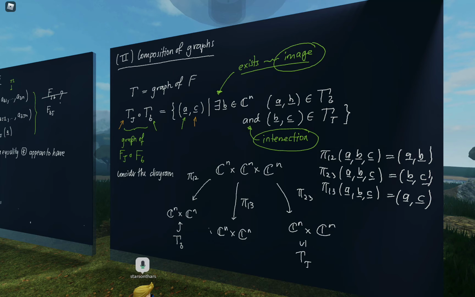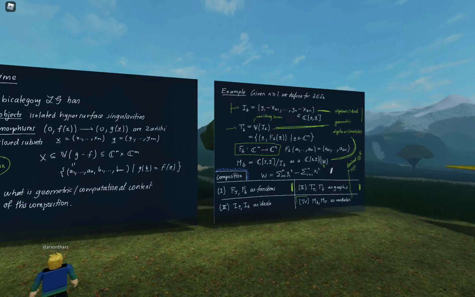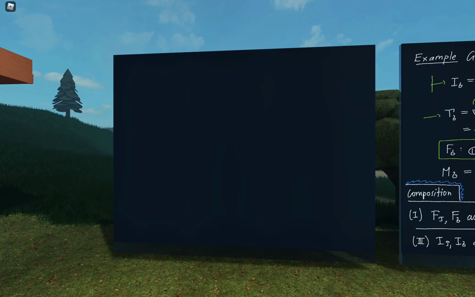All right, so now let me use this diagram and these three maps to rewrite this definition of the composite. So let me take the image under the outer projection of the pre-image under pi12 of the graph of sigma, intersected with the pre-image of the graph of tau.